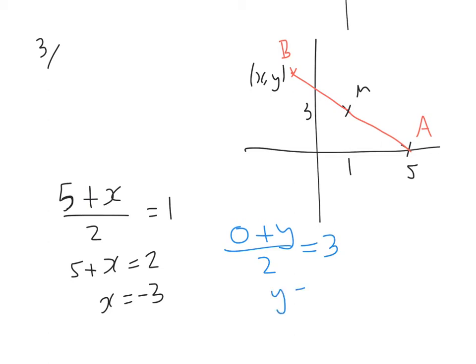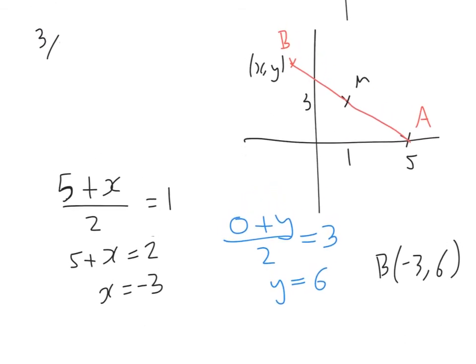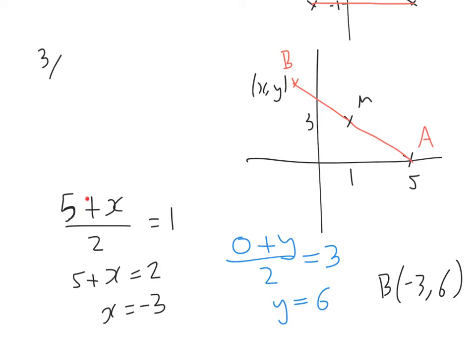So if we times both sides by 2, we would get 0 plus y, or y, equals 6. So that gives the answer that B would be (-3, 6). So that question: write the formula for midpoint for the x value, do the same for the y value, and then you need to label your B as unknown letters x and y.